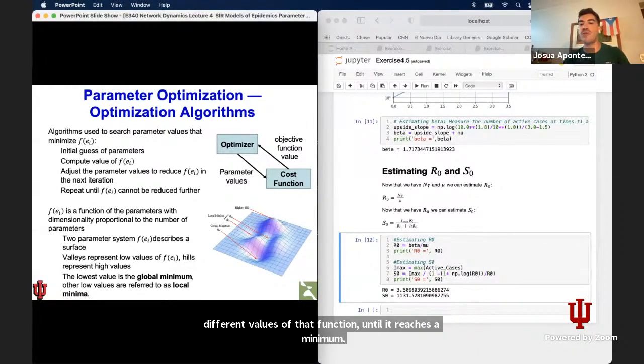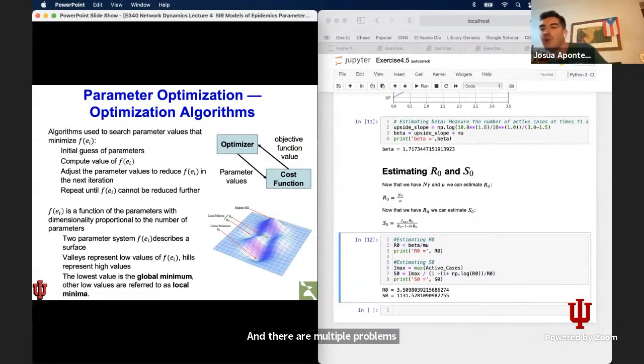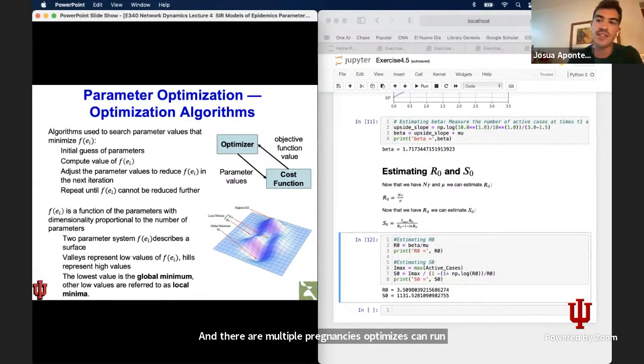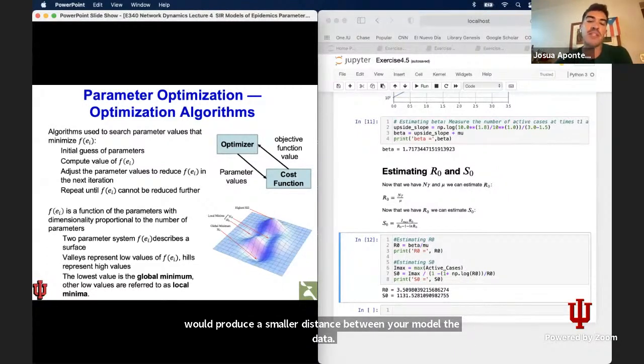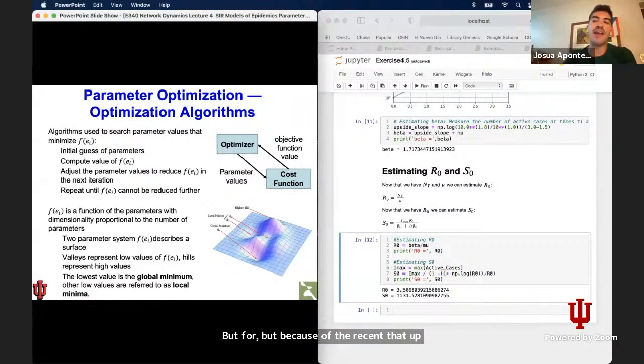There are multiple problems these optimizers can run into. I'm not going to get into all of that detail now, but sometimes, depending on the optimizer, you might get stuck in what is called a local minimum, whereas there is a different parameter combination that would produce a smaller distance between your model and the data. But because of the way the optimizer works, it's unable to get out of that local minimum.